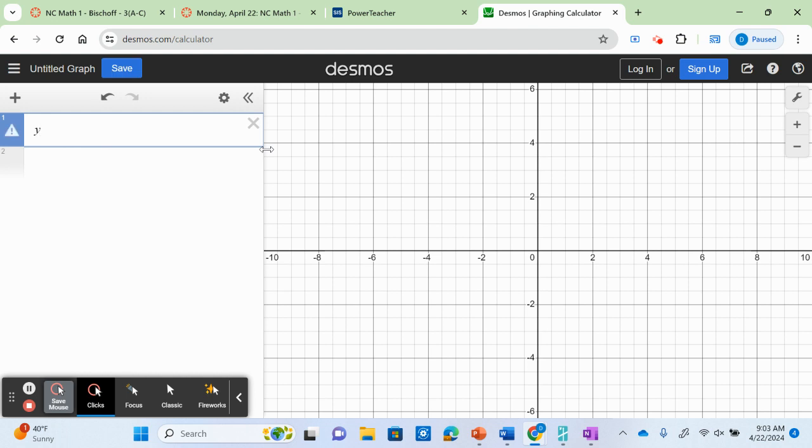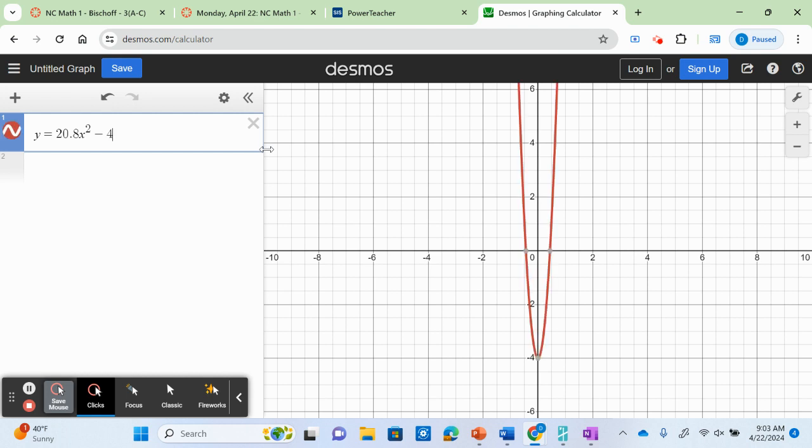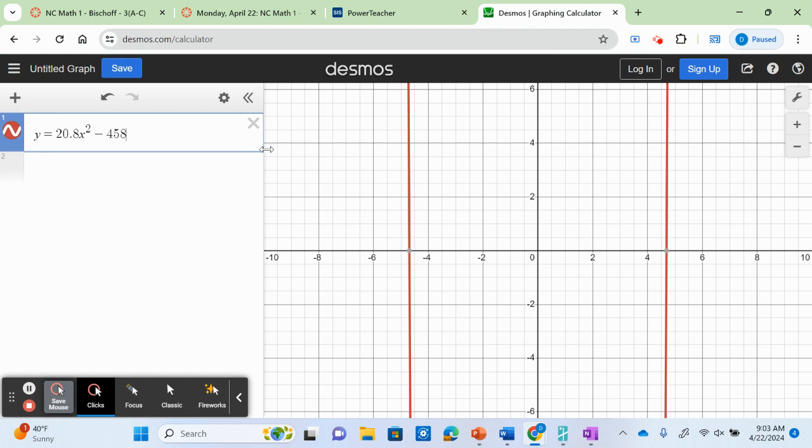Okay. What is the equation? Y equals what? 20.8x squared minus 458.3x plus 3,500.